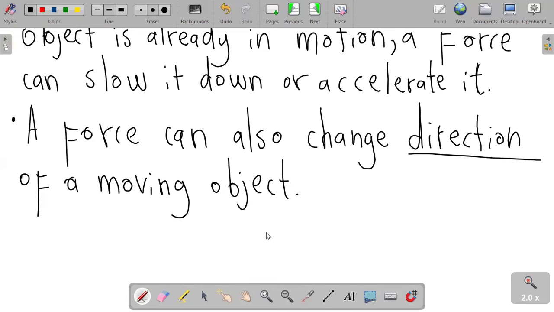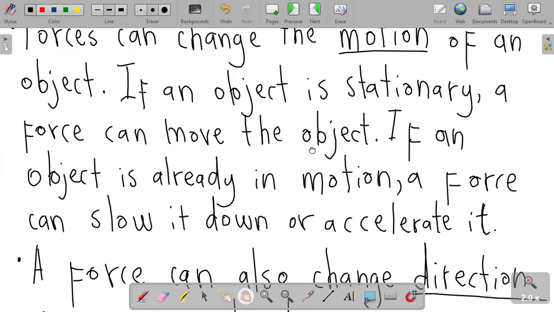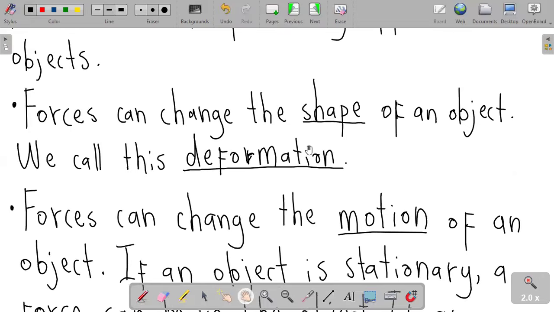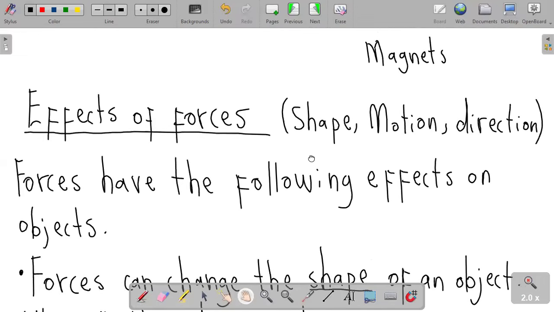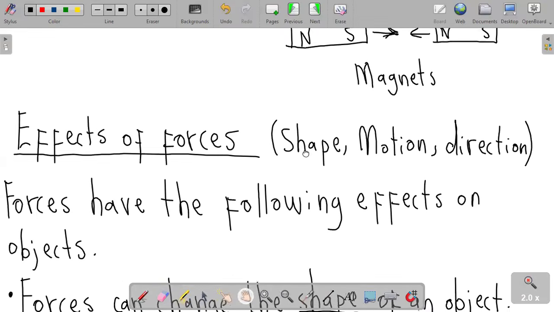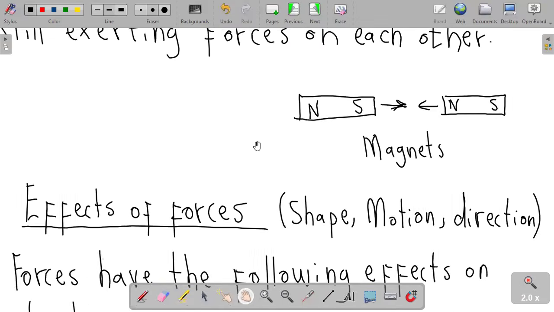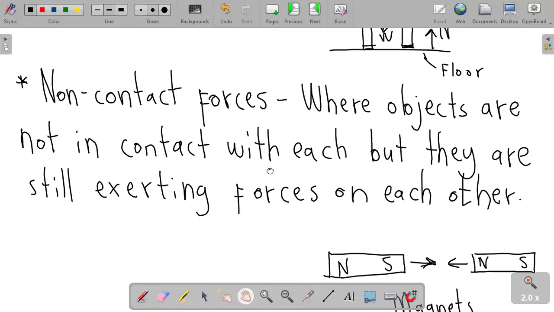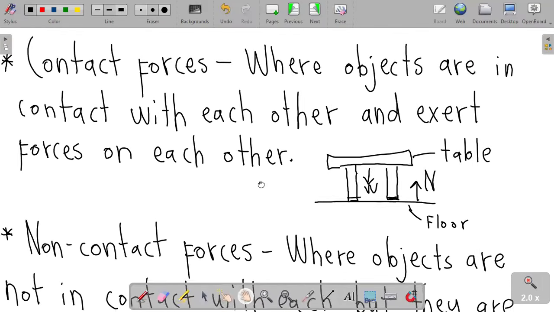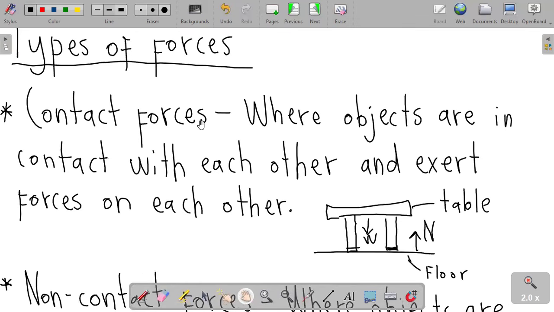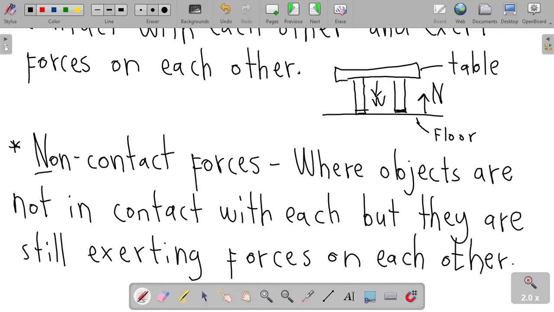Okay, now let us go back. I want to show you something here, okay? Because before we go to the effects of forces, the three effects, we talked about the types of forces, okay? Types of forces, which are contact forces and non-contact forces. So in this case, I gave you one example each.